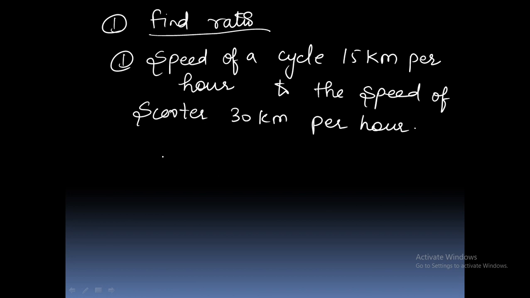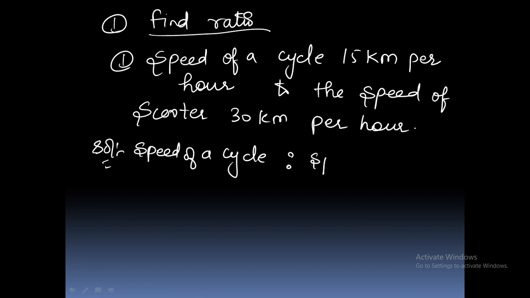For finding ratio, we will write on the left side the speed of cycle, then the symbol of ratio, then on the right side, the speed of scooter. First of all, you have to check the units must be the same. On the left side, write the cycle's value. On the right side, the scooter speed value, that is 30.